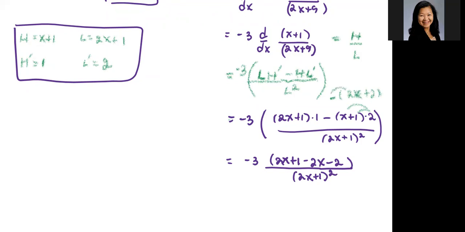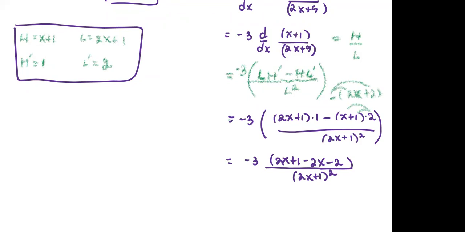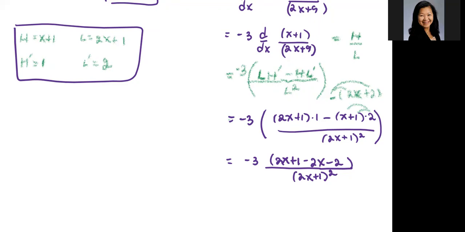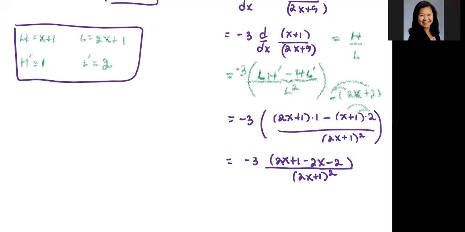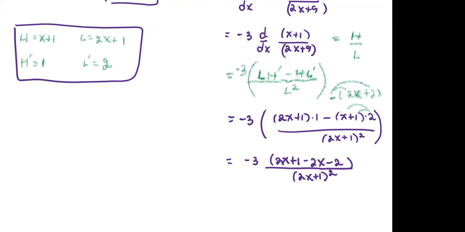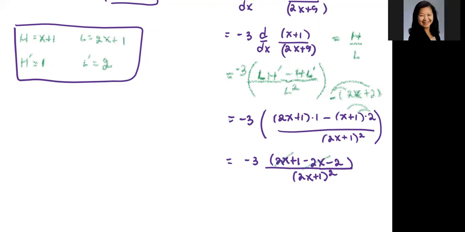But you still have to distribute the negative sign to both of them, because you have the negative sign out front. So you distribute the negative sign to all terms in the grouping symbol. Okay. All good? Now, so we have 2x minus 2x cancel.